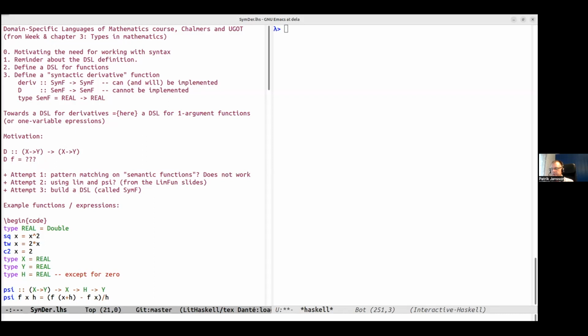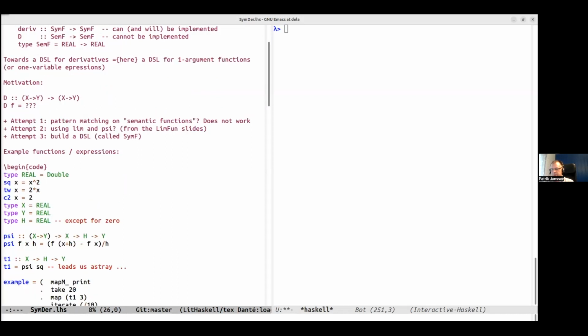And then we might say, okay, let's use this lim and psi from the slides. So we will look at this a little bit, and I will now introduce the 3 functions I had in the last slide: squaring, doubling, which I call tv for twice here, and constant 2.